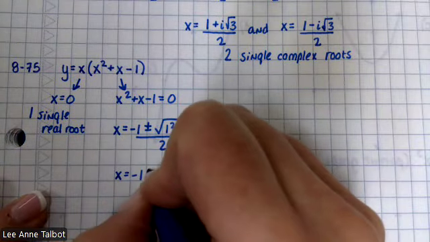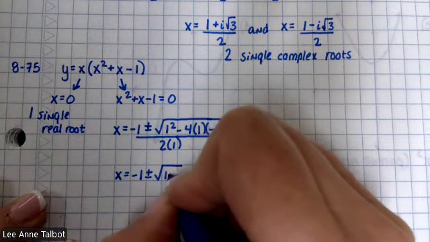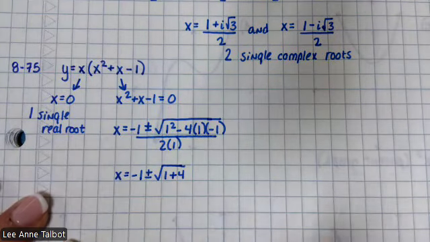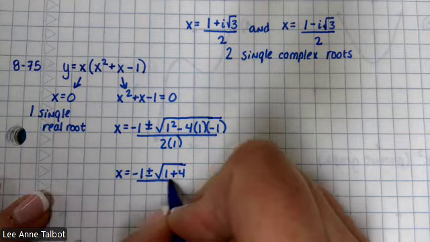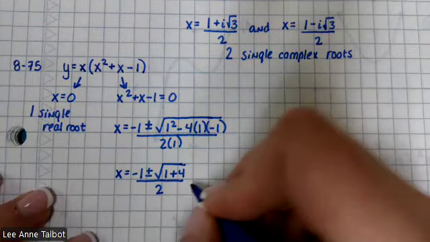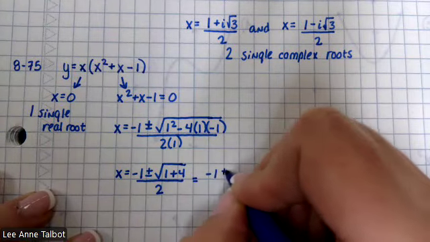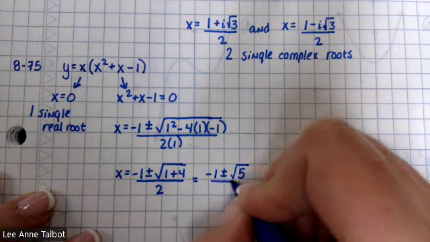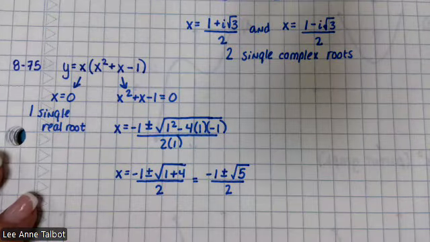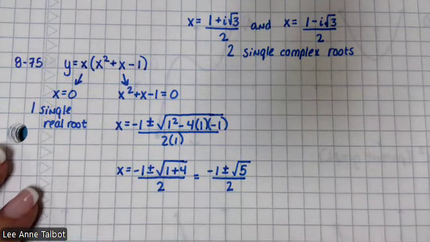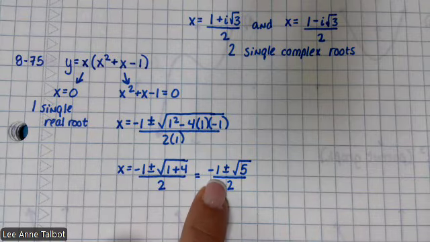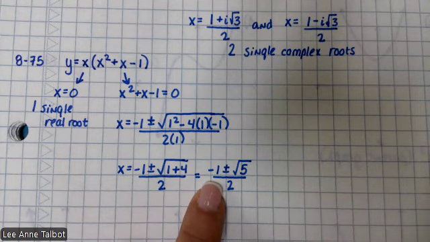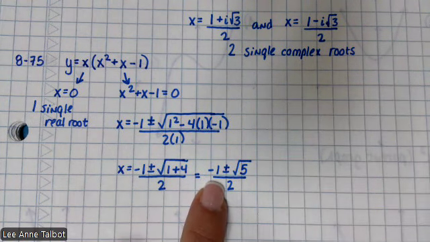X equals negative 1 plus or minus the square root of 1 plus 4 this time. The big difference in this problem, it's 1 plus 4, not 1 minus 4.